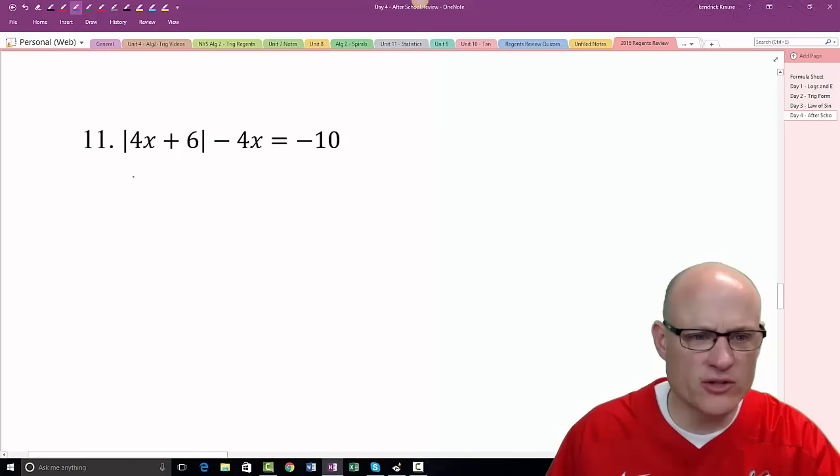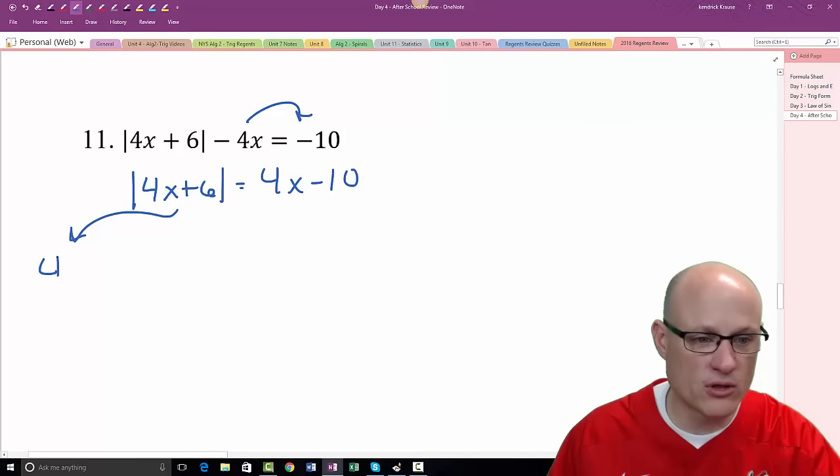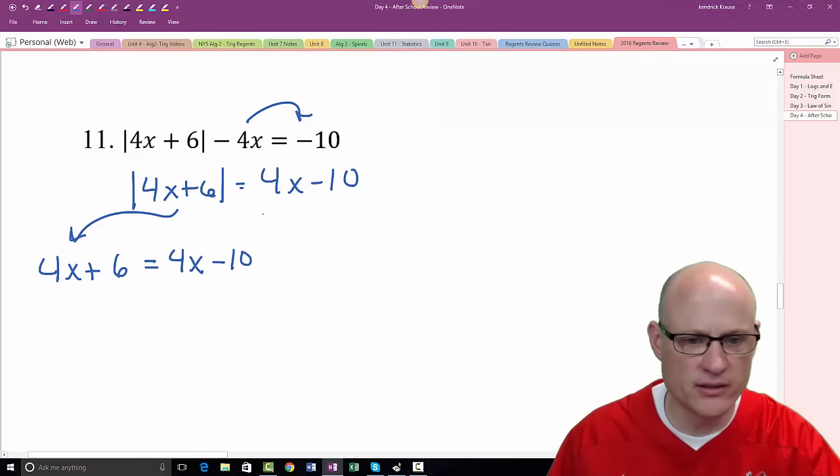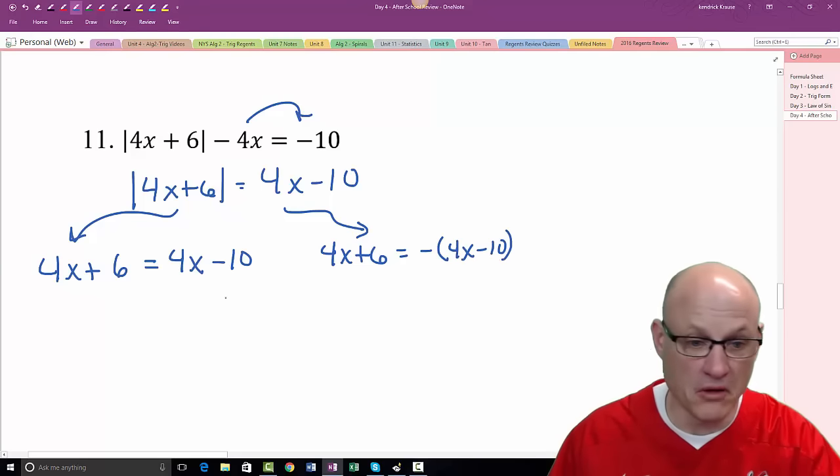All right. So this one we get the absolute value of 4x plus 6 equals 4x minus 10, because I brought that over. So now we're going to write 4x plus 6 equals 4x minus 10. And then we're going to write 4x plus 6 equals negative 4x minus 10. Oh, that's weird.